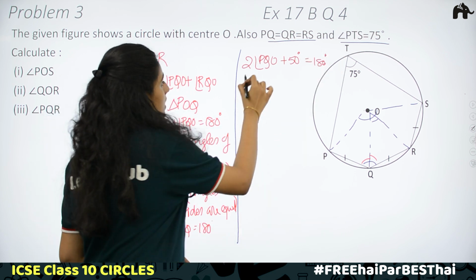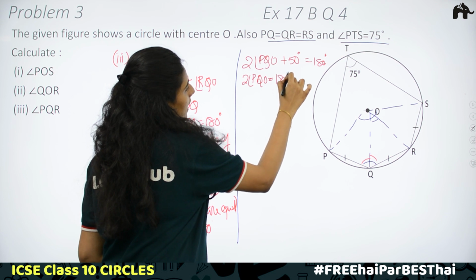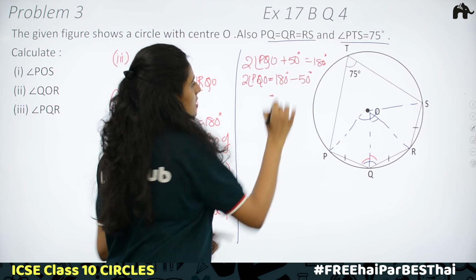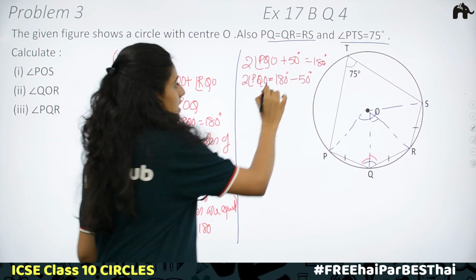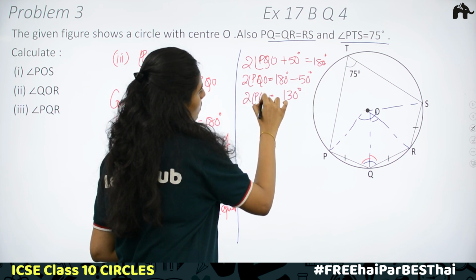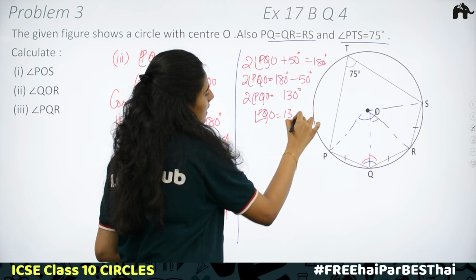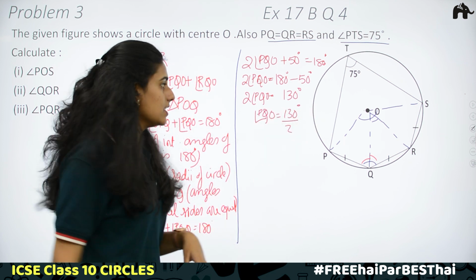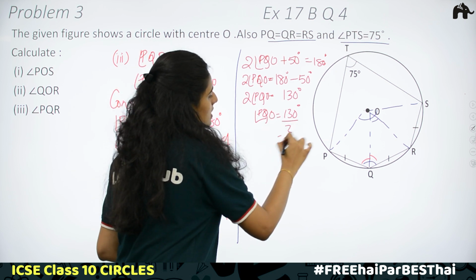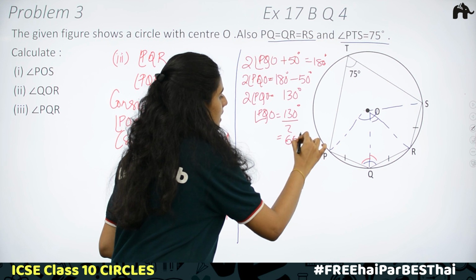Okay. Then 2 times PQO is equal to 180 degrees minus 50 degrees. What is 180 degrees minus 50 degrees? 180 minus 50, we get 130 degrees. 2 times PQO is equal to 130 degrees and angle PQO is equal to 130 degrees divided by 2. What is the value? PQO is equal to 130 by 2, that is 65 degrees.